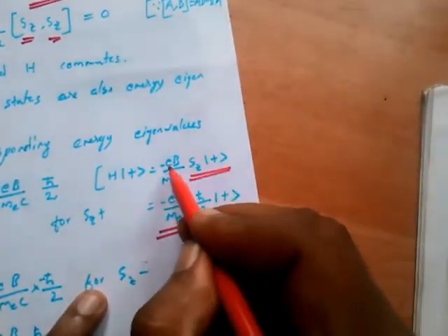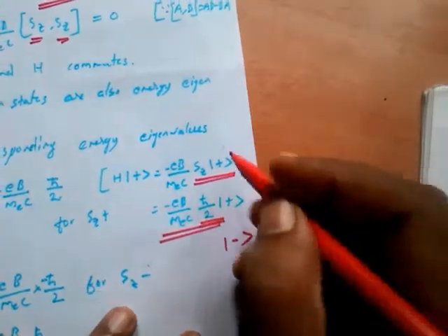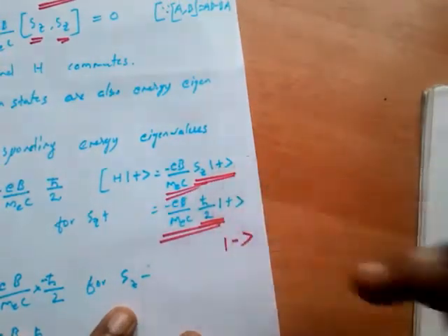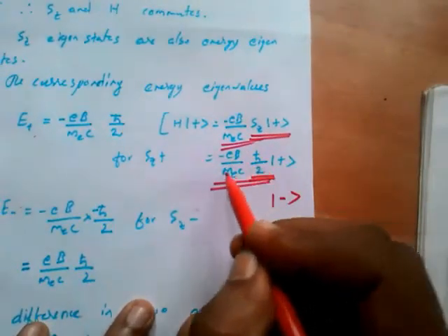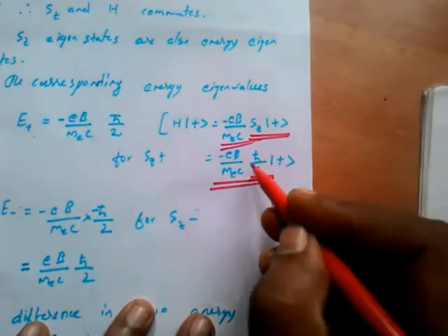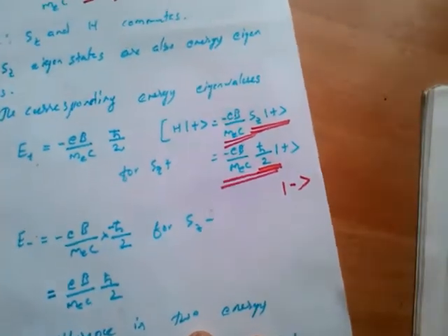That equals minus eB over m_e c S_z. This is our H, S_z operating on the plus state, and that is equal to minus eB over m_e c times ħ over 2 for the S_z plus state.